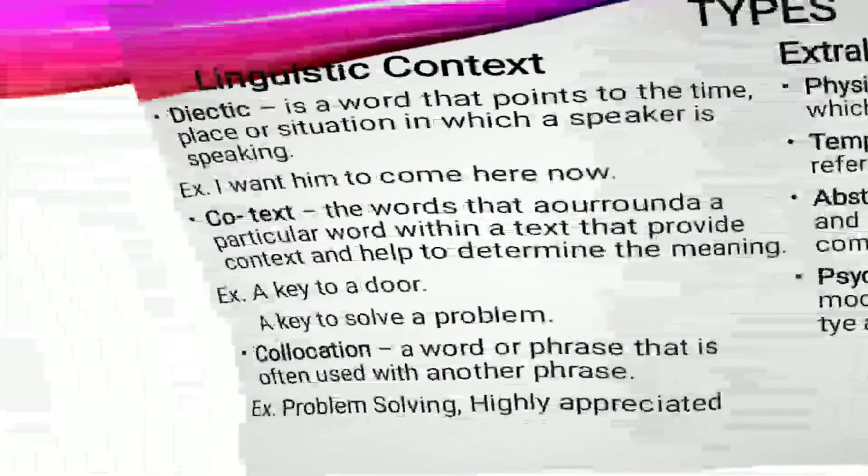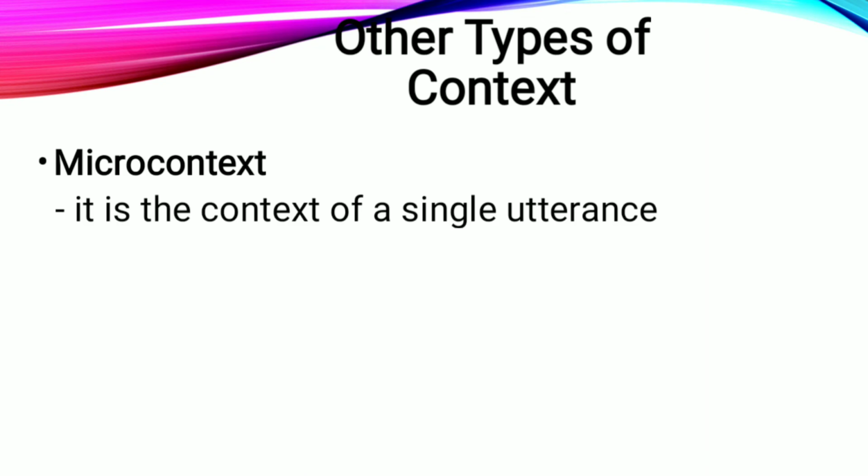Now let's move on to the other types of context. First, we have the micro context. Micro context is the context of a single utterance. It is the linguistic, grammatical, phonological, lexical, and syntactic environment of a text.